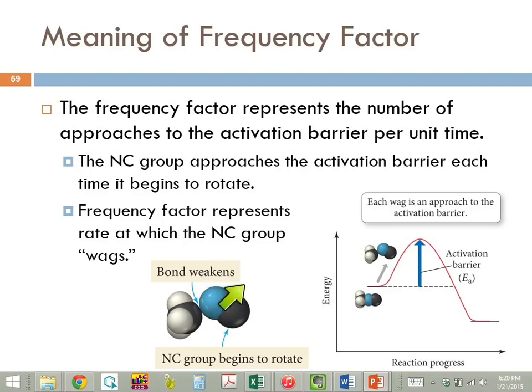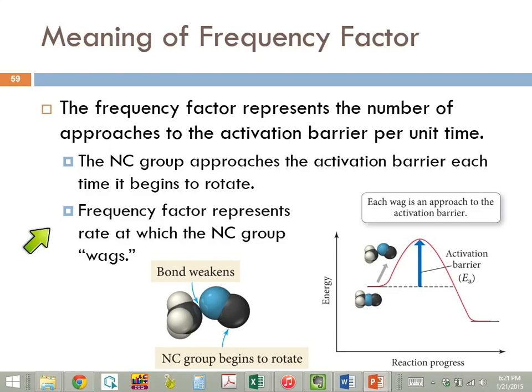Now, most of the time, it's not going to have enough energy to rotate completely to get to that activated state up here. But each time it wags, begins to rotate, is one approach. Some approaches are going to have enough energy to get over, and most of them are not.